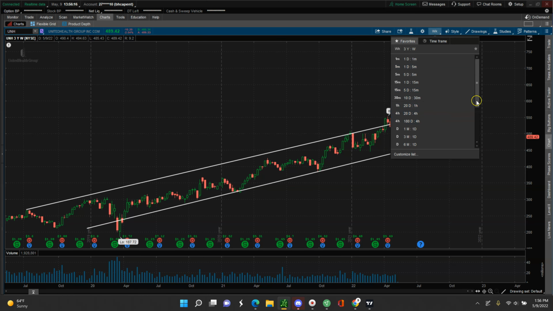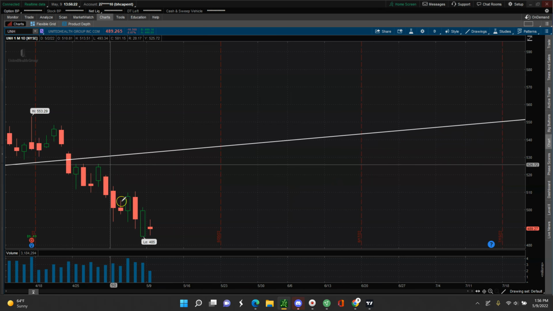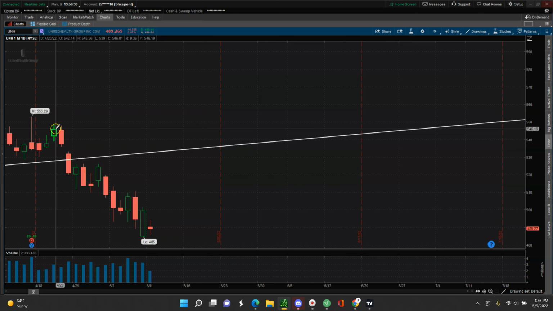Let's take a look at the 1 month daily chart. So this is exactly what I mean by you can have a bullish trend on one time frame and a bearish trend on another one. So let's say I were looking to enter a trade, maybe a bullish trade here, toward the end of April, right?